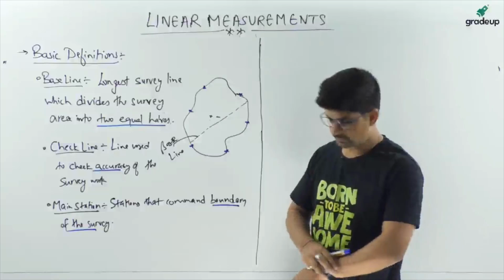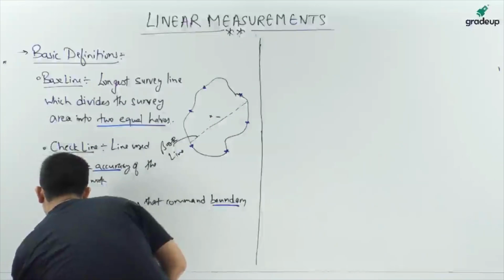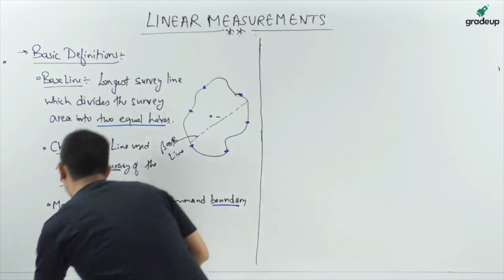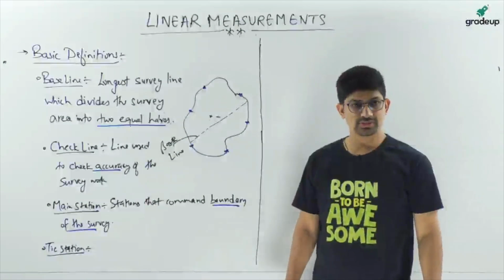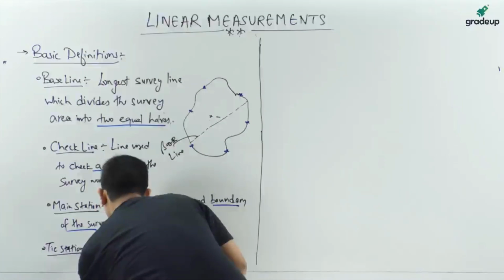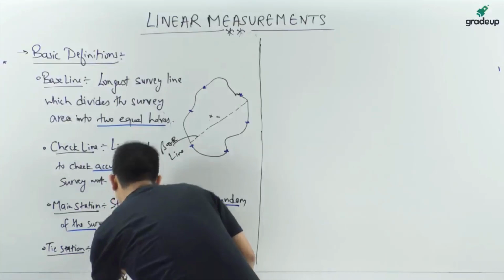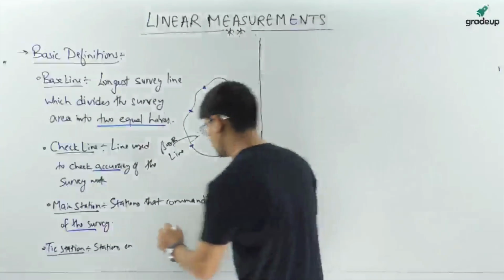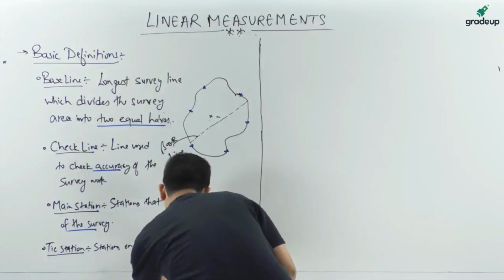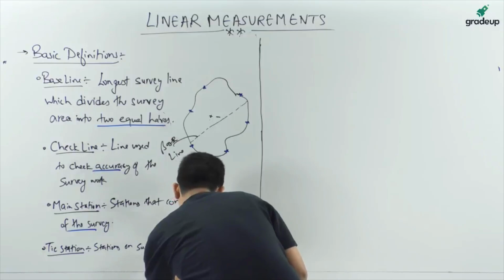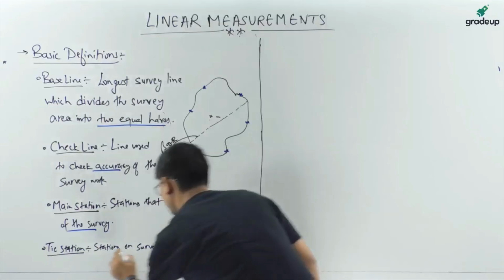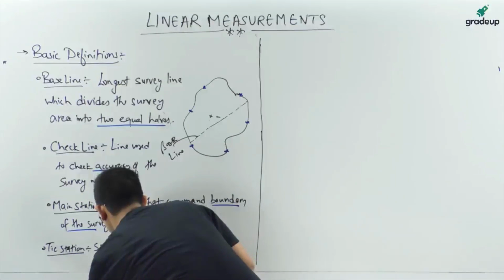Now the another thing is tie station. Okay, so tie stations are stations on survey line joining two main stations.